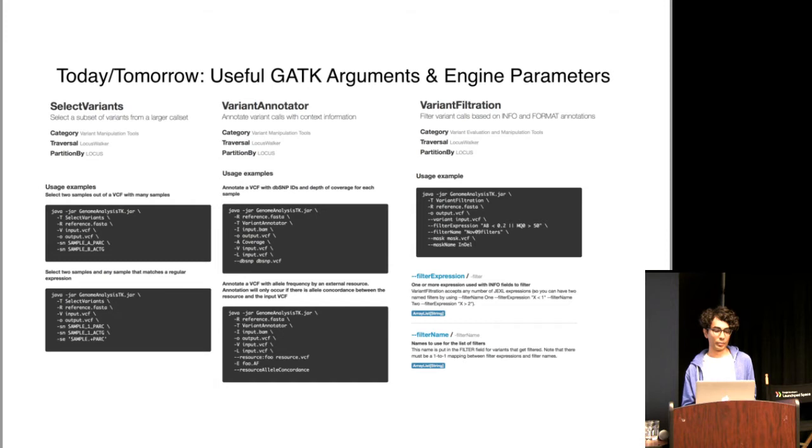Again, here are some quick examples. This isn't exactly what you need to type into the command line. If you type this in, it won't work because you need to type in all the parameters for Java for it to work. But essentially, here you're using variant annotator. Now you're going to need the BAM files if you're going to use something like variant annotator, because one of the requirements is the BAM file.